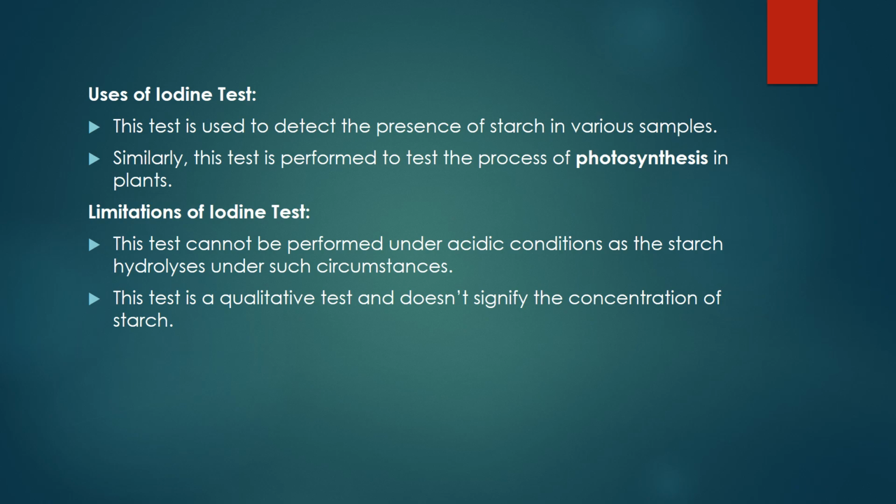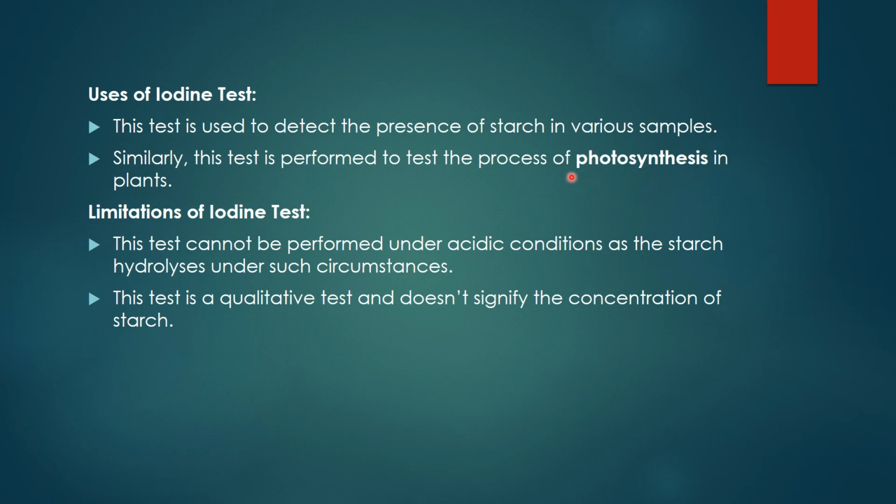Uses of the iodine test. This test is used to detect the presence of starch in various samples. Similarly, this test is performed to test the process of photosynthesis in plants.